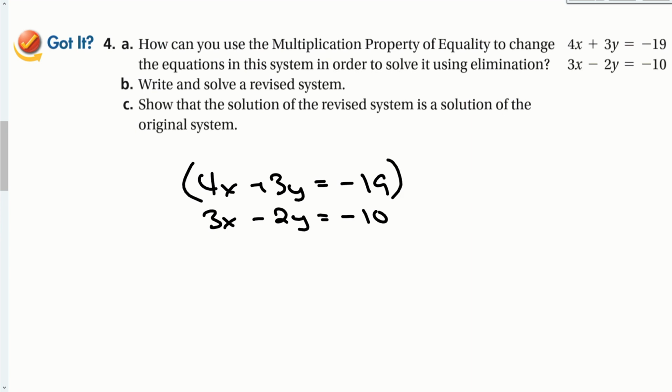And again, I like to pick the numbers that are going to work the best. I see a positive 3 and a negative 2, which means I don't need to worry about a negative sign, and I'm going to multiply the top by 2 and the bottom by 3.